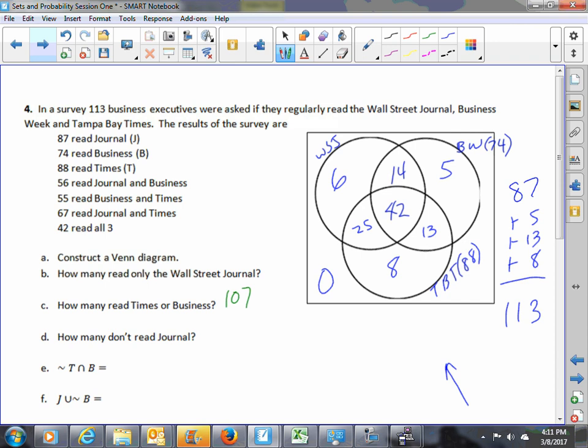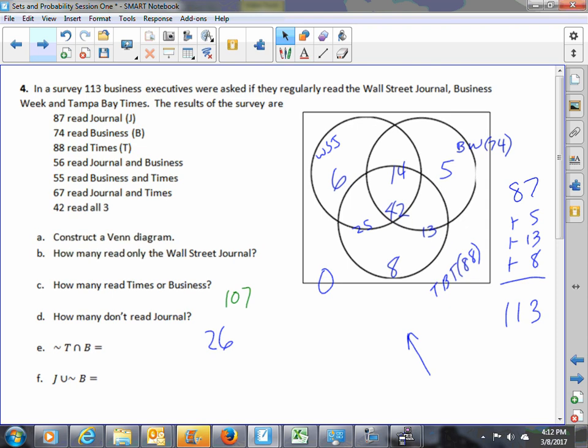Now, how many don't read the Wall Street Journal? That one's probably easier to do by adding up the numbers that aren't inside the WSJ. That would be 18 plus 8, or 26. Now, if you look at E, that's not the Tampa Bay Times intersected with the Business Weekly.